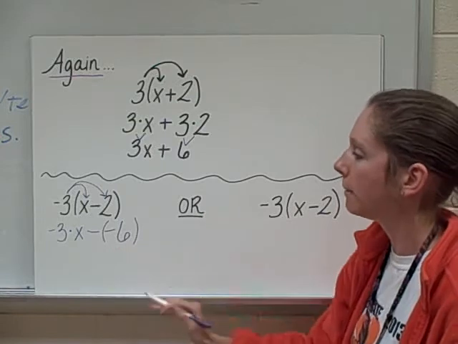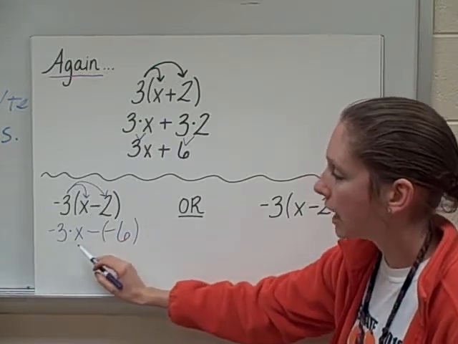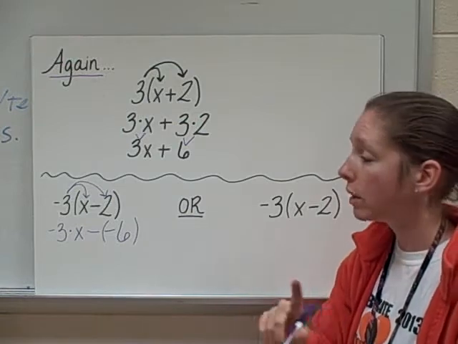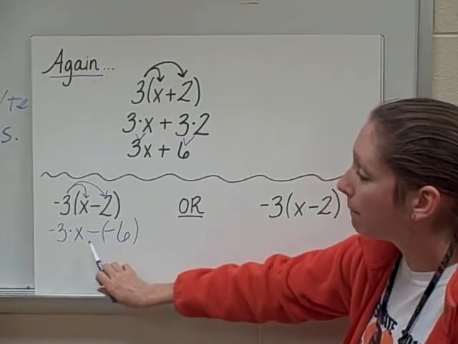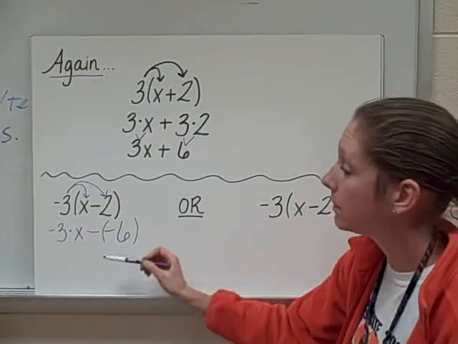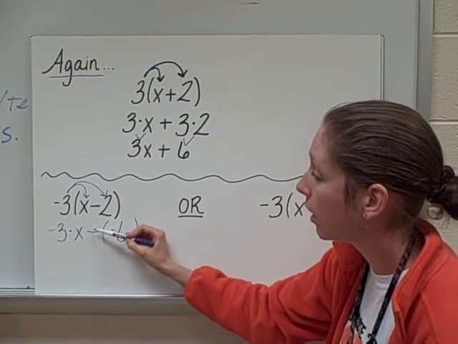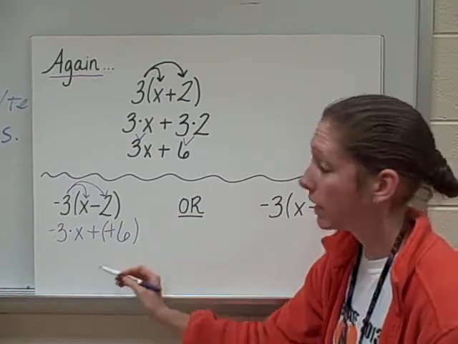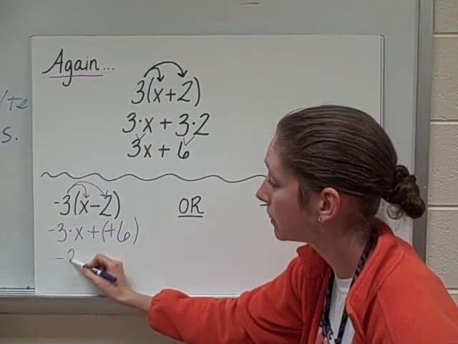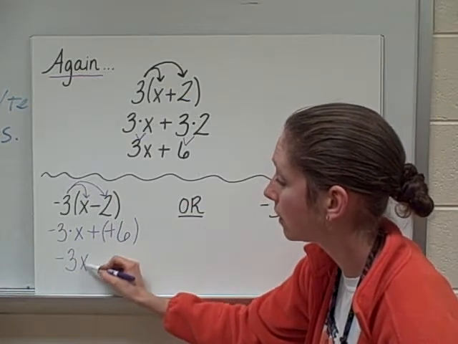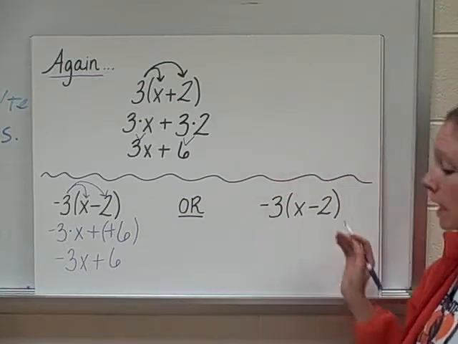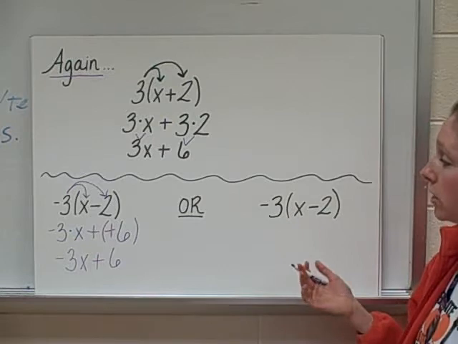So -3x minus a -6. Remember, those are what Ms. Simmons called the ding-dings. Minus a negative is the same thing as adding a positive. So this is the same thing as saying -3x plus 6. Same problem, a different way to visualize it.